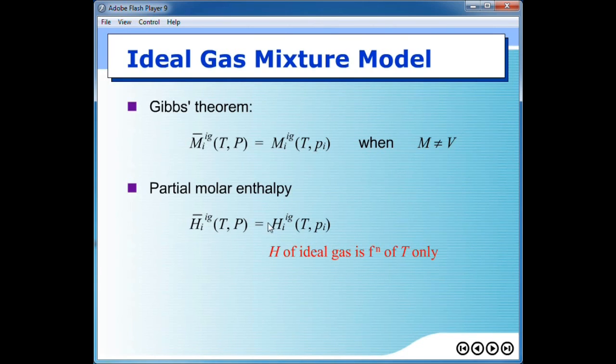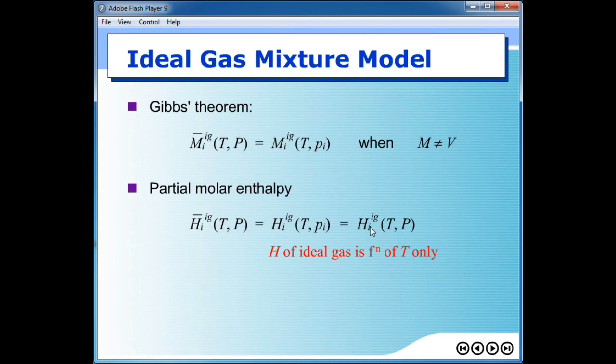In other words, if you consider the right-hand side of the equation, and I want to find this value, I can get the same value if I increase the pressure from this small pi to capital P. So these two are essentially the same, because enthalpy of ideal gas is a function of temperature only. As long as I keep the temperature the same, I can change pressure to any value.